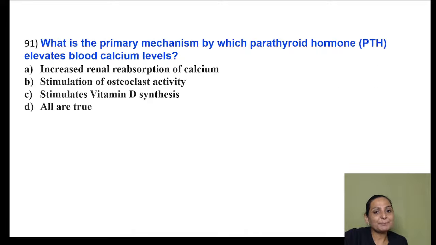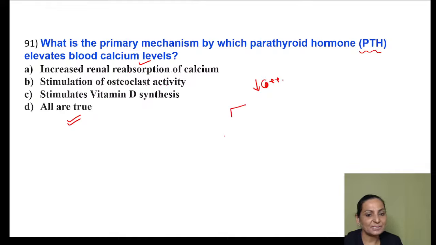Now, what is the primary mechanism by which PTH increases the blood calcium level? Increase renal reabsorption of calcium, stimulation of osteoclastic activity, or stimulation of vitamin D? So all are true. PTH is increased whenever there is a decrease in the level of calcium. It will first increase the formation of the active form of vitamin D, which takes place in the PCT of the kidney.